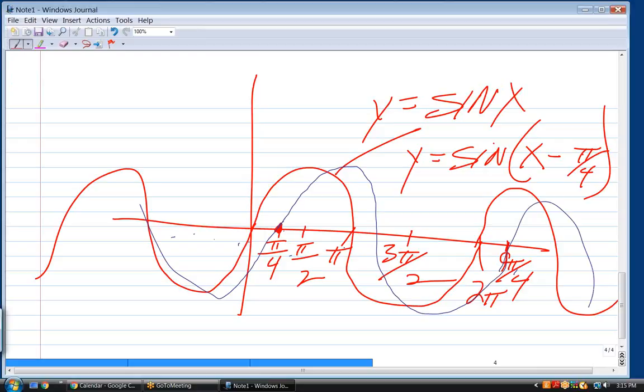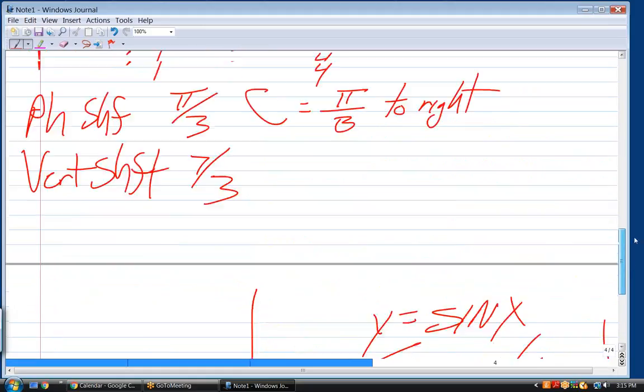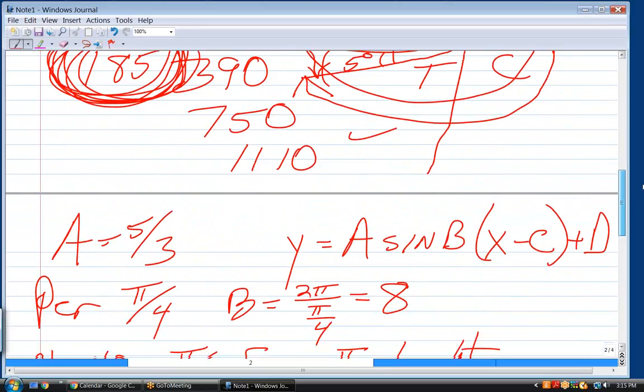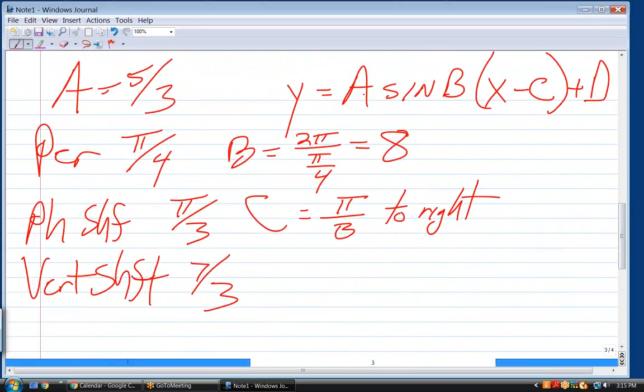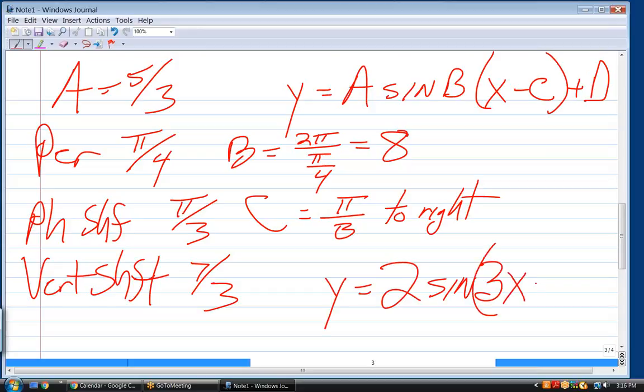It's very important that you know which direction and the amount. Now, let's go back to this. If this is our standard formula, then the phase shift is C. But let me give you this equation: y equals 2 sine of 3x minus 6.